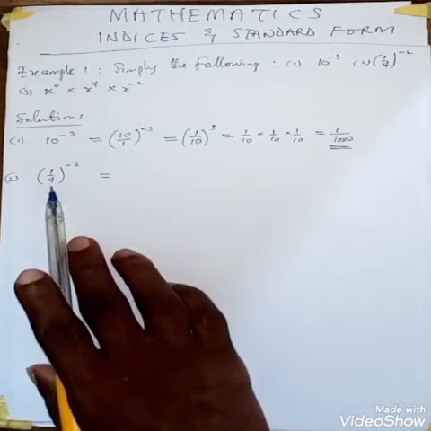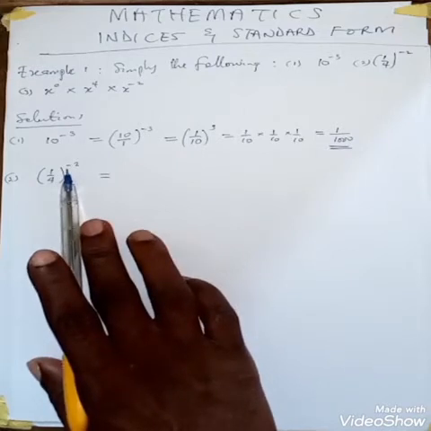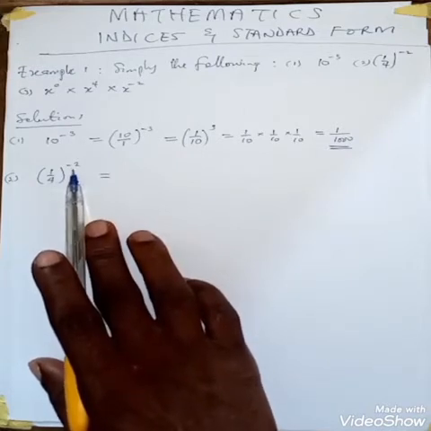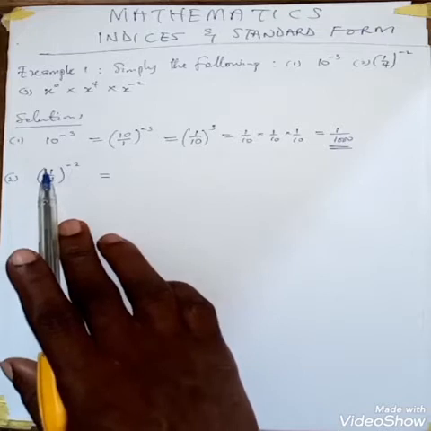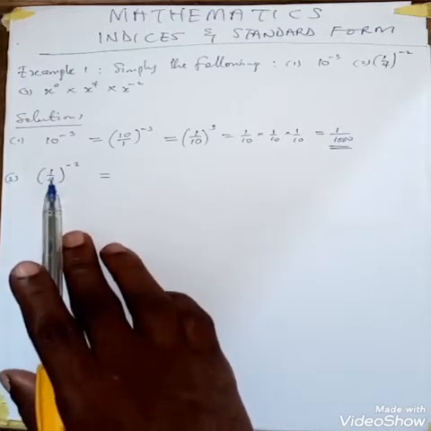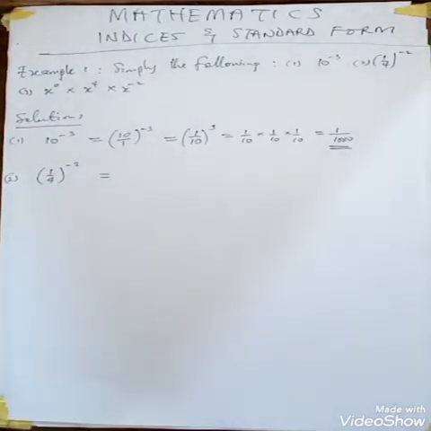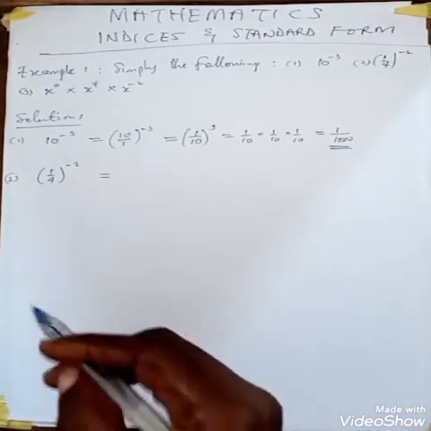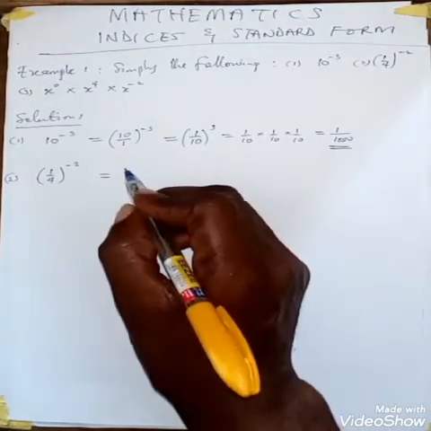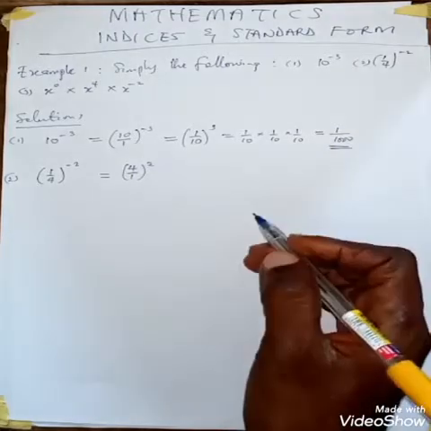We can see the base exists as a fractional number, and now that it exists as a fractional number, eliminating the negative sign is very simple. What we are just going to do in this case is interchange the position of the numerator as well as the denominator. A mere interchanging of their position is what automatically removes the negative sign, and this now becomes 4 over 1 raised to the power 2.